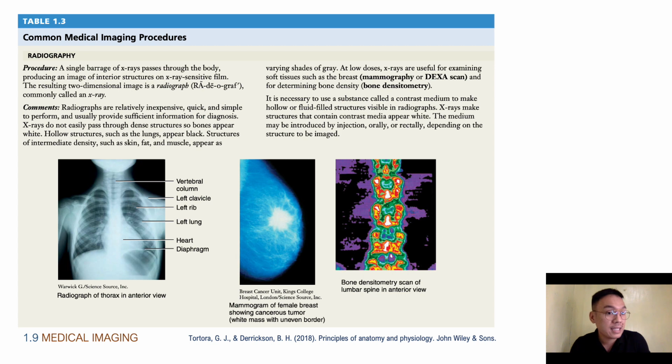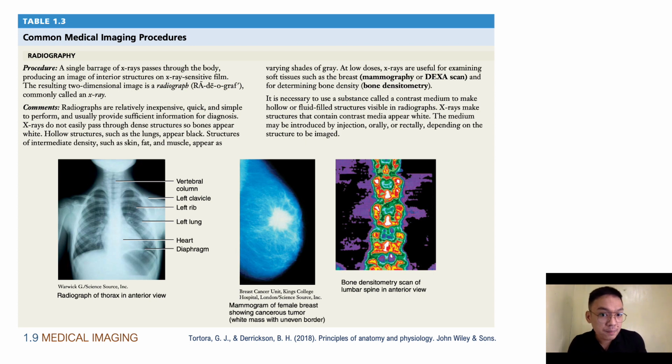Structures of intermediate density such as the skin, fat, and muscle appear as varying shades of gray. At low doses, X-rays are very useful for examining soft tissues such as the breast, which we call mammography or your DEXA scan, and also for determining your bone density, or bone densitometry.